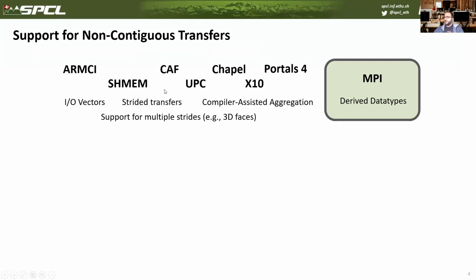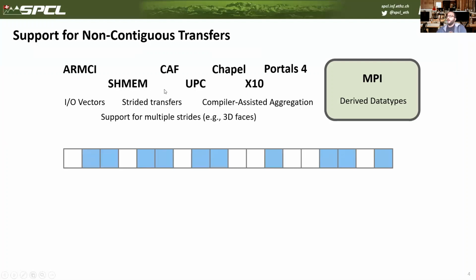Just to give a brief overview of MPI derived datatypes: assume we have this memory here. Again, the blue boxes are the ones we want to send, and then we can start describing this memory like this. Here we have a vector, a nice structure with fixed block sizes, 2, 2, 2, with a fixed stride, always the same.